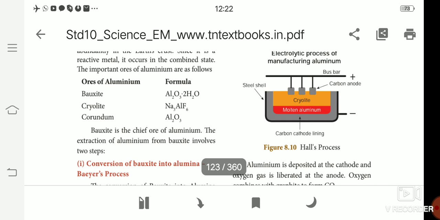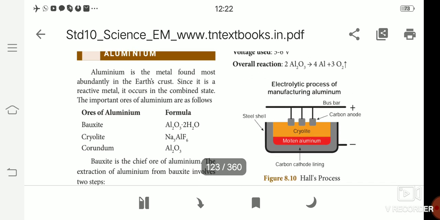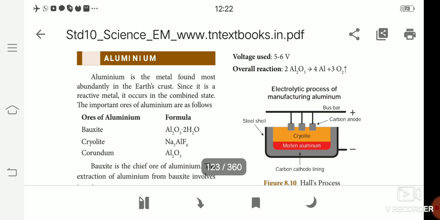Then the overall reaction is 2Al2O3 giving 4Al plus 3O2, totally 6 oxygen. In this reaction, for aluminium, the common number 2, Al2, so 2 into 2 is 4, so 4 aluminium in the product.